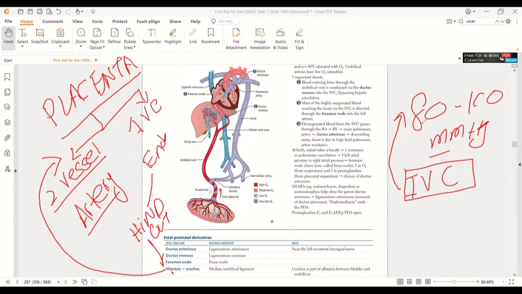From the embryological point of view, they give you the description of a structure, and you have to identify this structure first, because it is a multi-layered question. First you have to identify that structure, and then you will have to identify the origin of that structure, right?